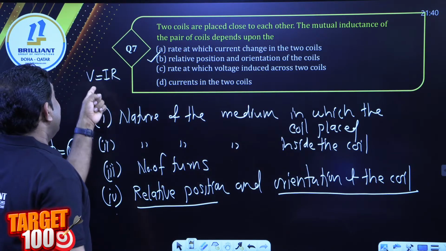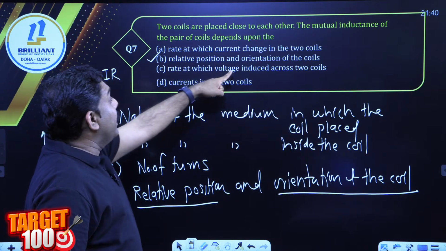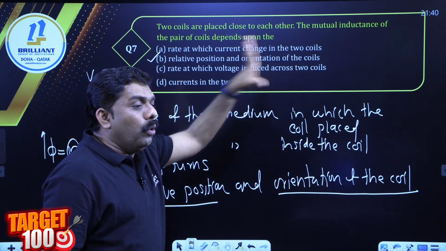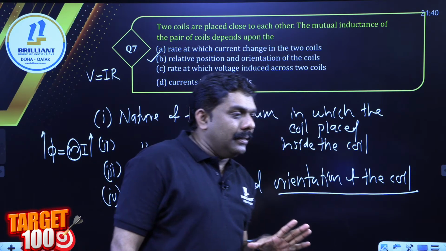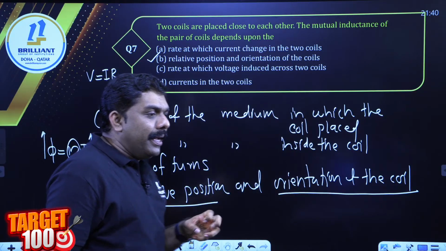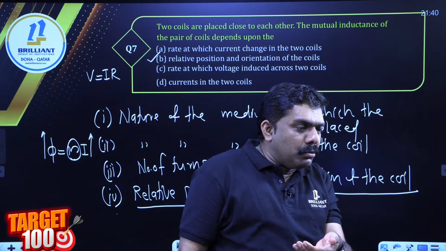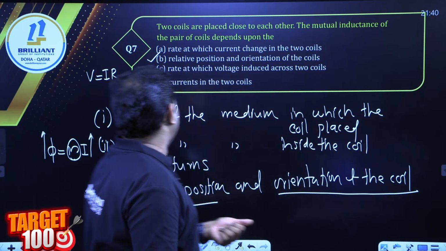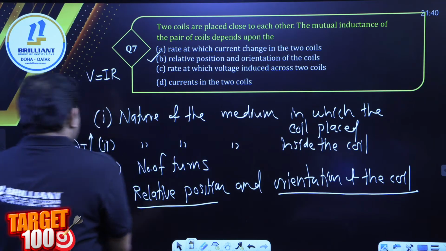So mutual inductance depends on the relative position and orientation of the coil. Yes, the right answer is Adil and Reshma, right? Another student is also saying the right answer. So it's clear that option B is the right option.